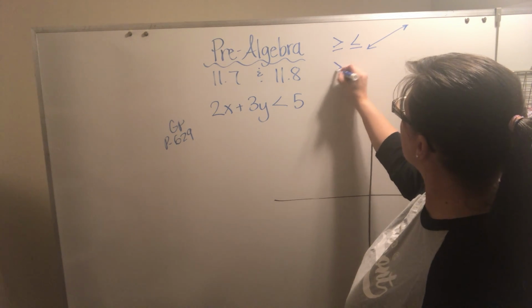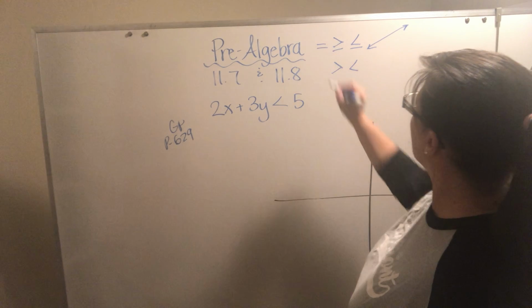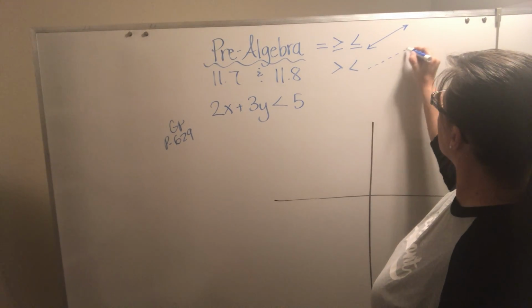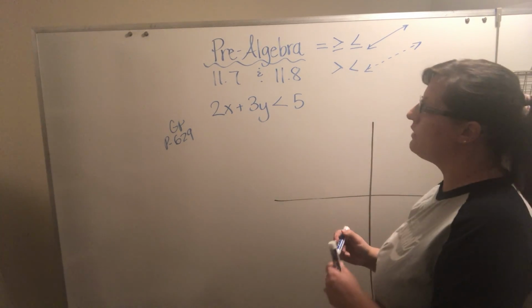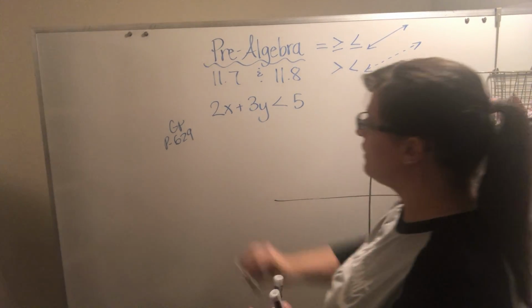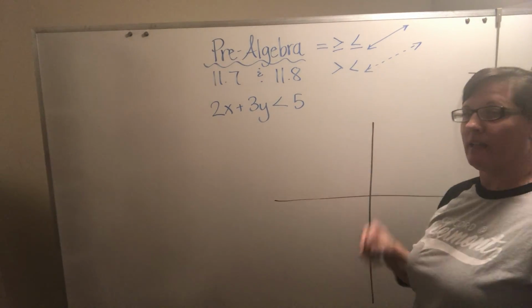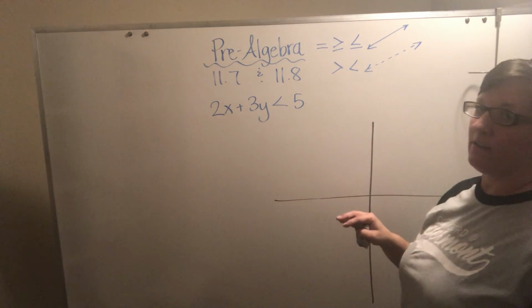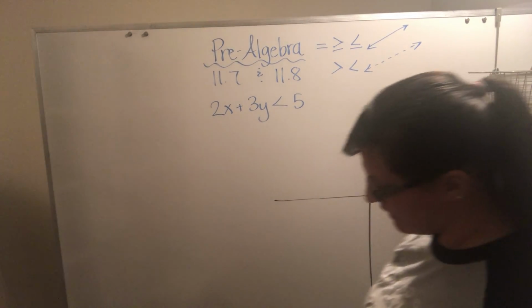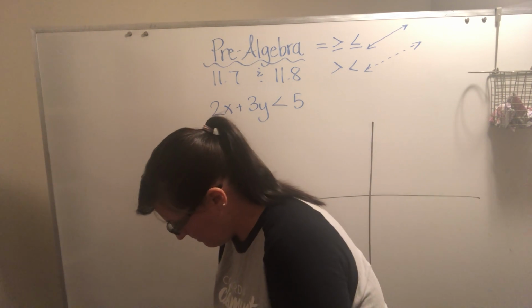If I just have greater than or less than, then when I graph that line, it will be a dotted line. You would not include that line because it is not including points that actually equal it. It is only talking about solutions that are less than. So it would not include the solutions on the line. Oh, Ms. Winfrey, that's so confusing. Tell me what you mean by that.